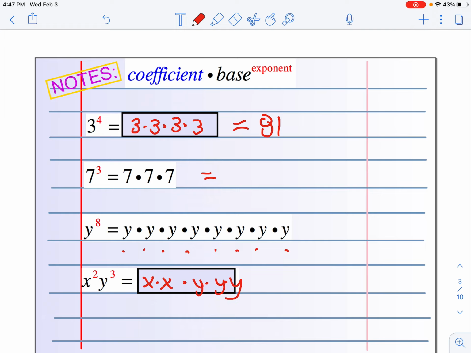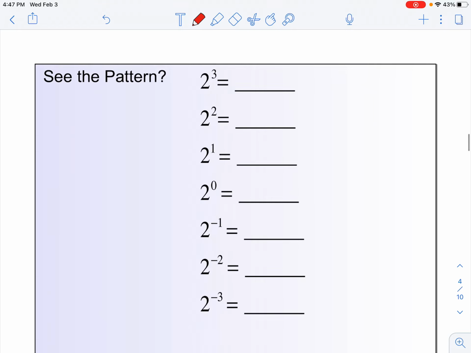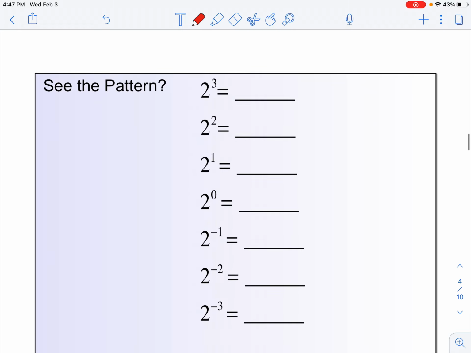So just keep that in mind as we're working through these properties of exponents and how they work. So let's take a look at this example. See if you can stop and fill in at least these first 3. What is 2 to the 3rd power? Well, it's 2 times 2 times 2, but what does it equal? Pause the video for a minute and see if you can fill those 3 in.